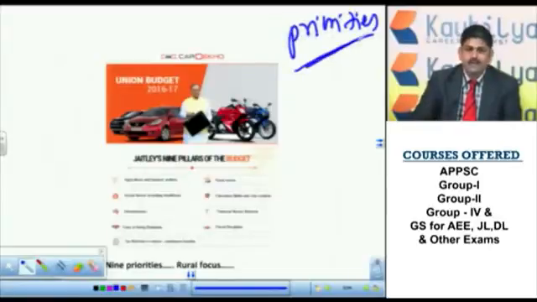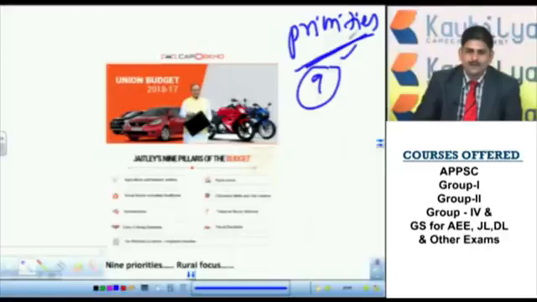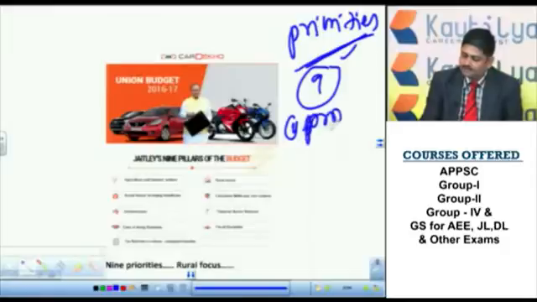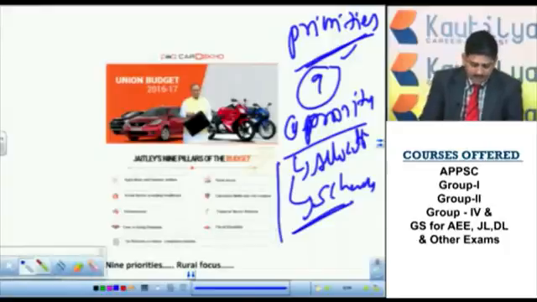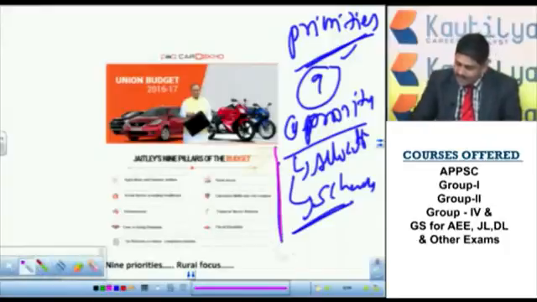So here we focused on these 9 priorities that are specified in the budget. We have taken each priority, the allocation to that priority, and the schemes of that priority, because in competitive examinations these are the 3 areas that the examiner focuses on.